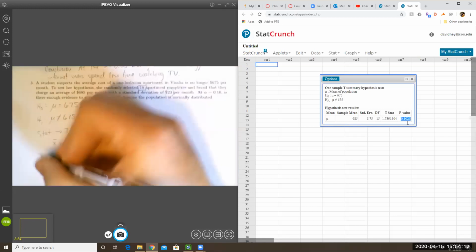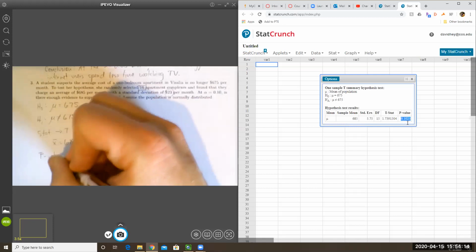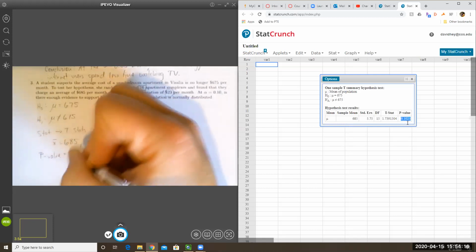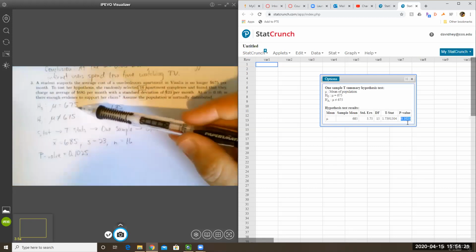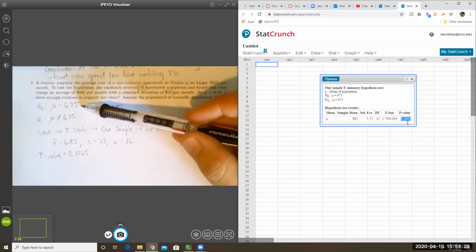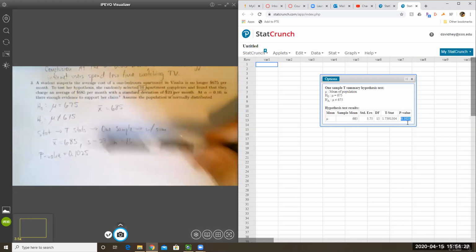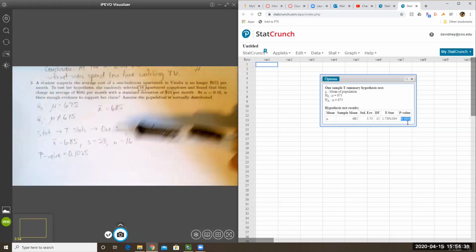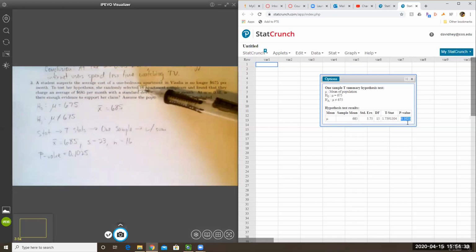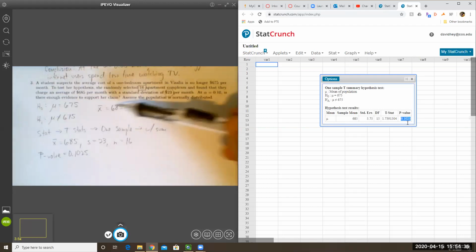Okay, so our p-value, 0.1025. In other words, if we assume the true population mean price is 675, then there's a 10.25% chance that we would just so happen to select 16 apartment complexes whose average price is 685, right?